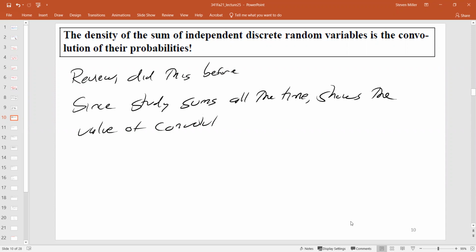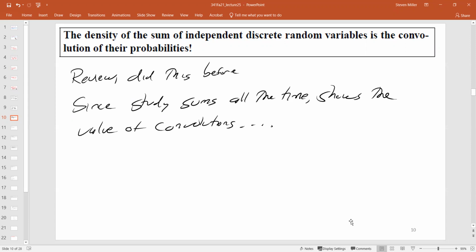We want to get our hands on the density of a sum. Well, the density of a sum is related to the convolution. So any process that is nice with respect to convolution is almost surely worth studying.